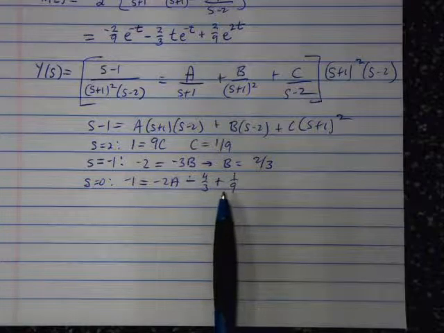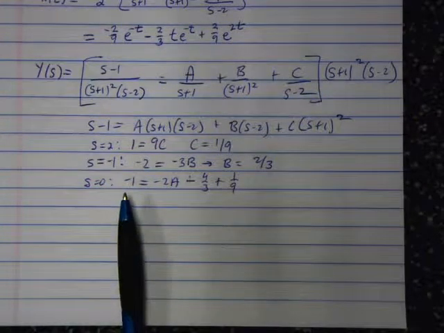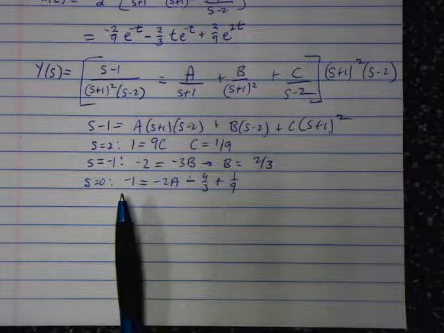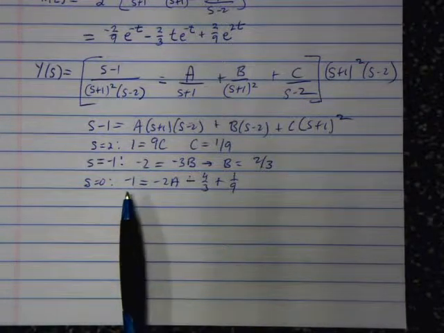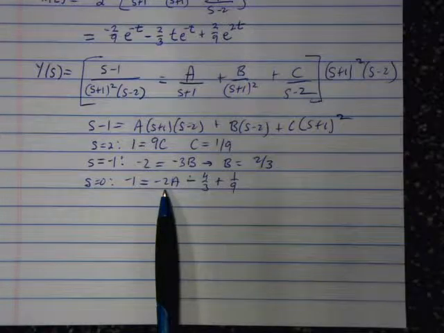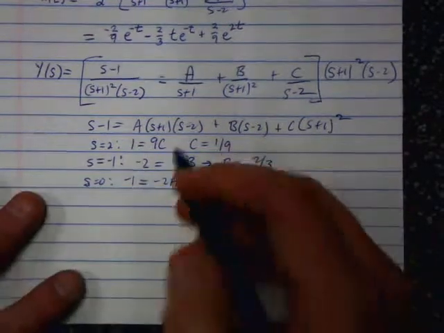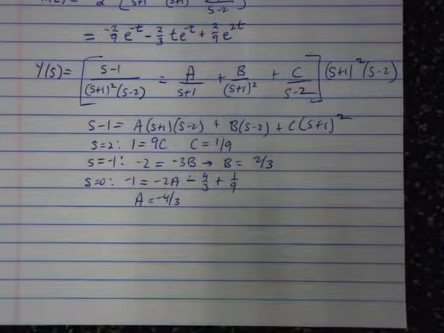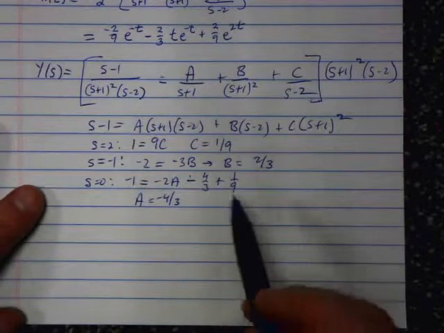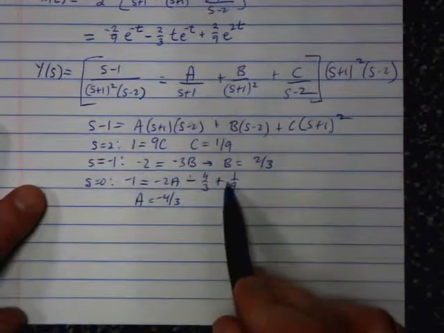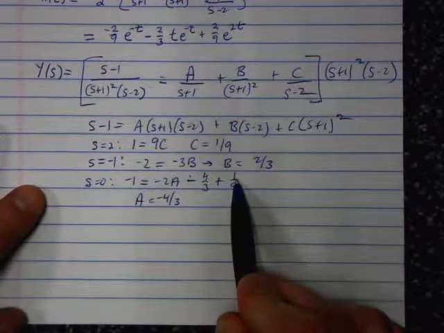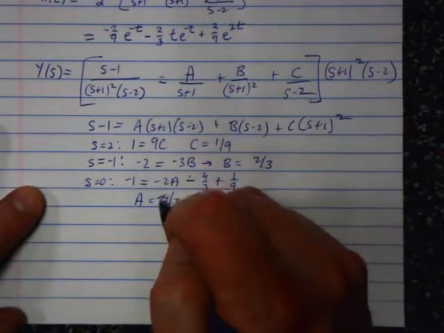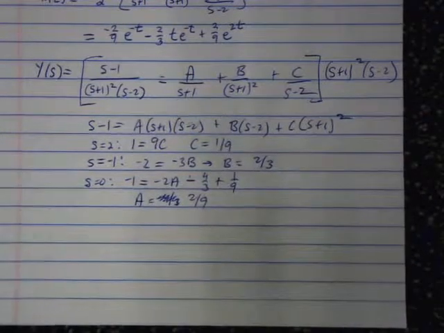So then I have to add 11/3 to both sides. What's 11/3 minus 1? 8/3. And then what's 8/3 divided by -2? -4/3. Ninths? Ah, rats. So that, you're right, that would be -12/9. So that would be -11/9. Then I have to add 11/9 to both sides. That would be 2/9. Better?